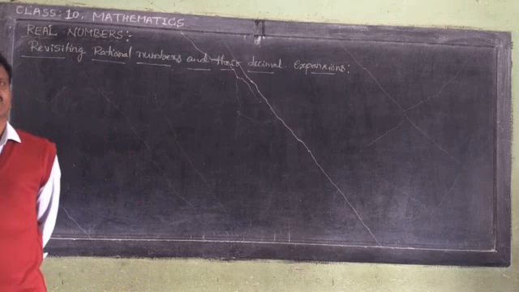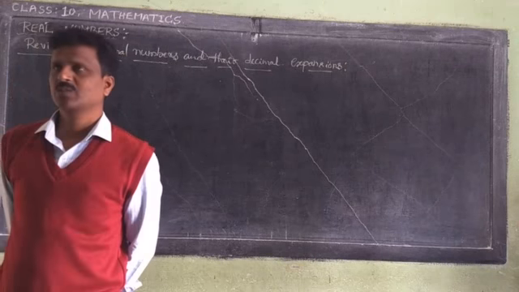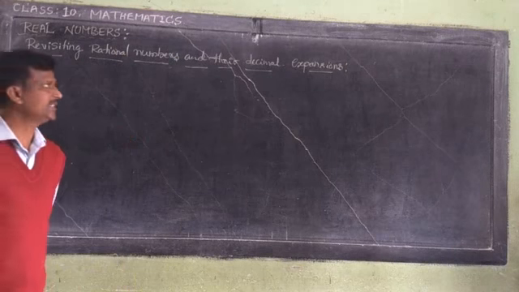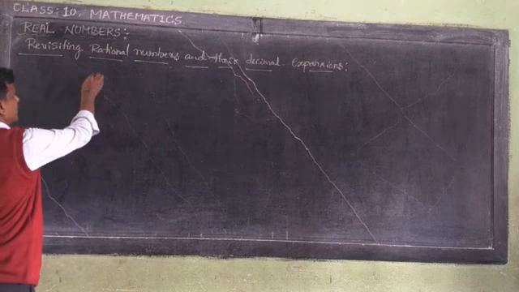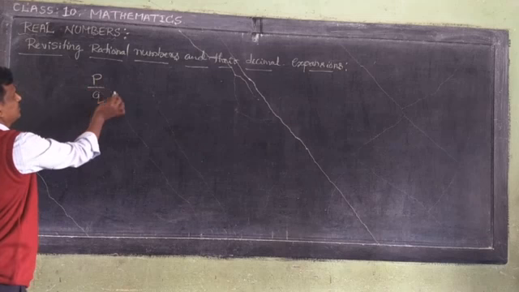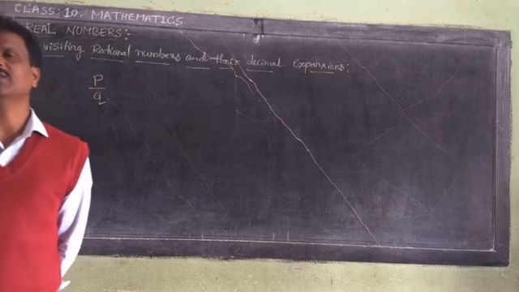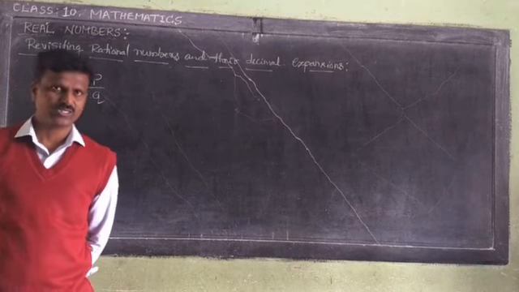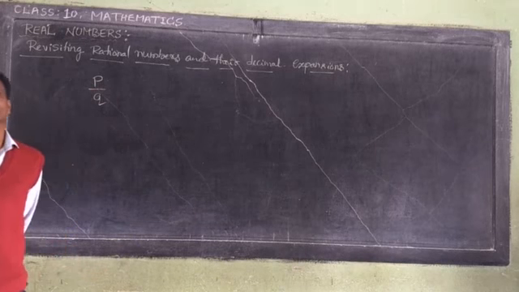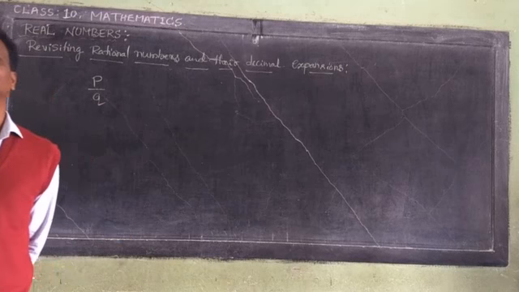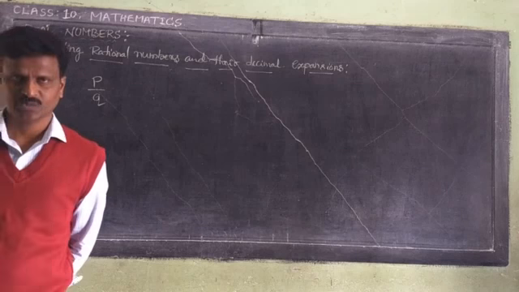Here we have some concepts about rational numbers. Any rational number is in the form of p by q. Your denominator is q, q is not equal to 0, and p and q are integers.